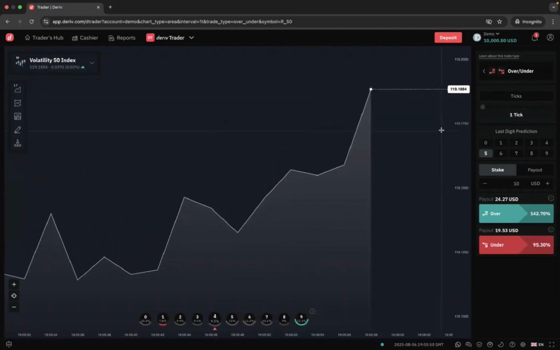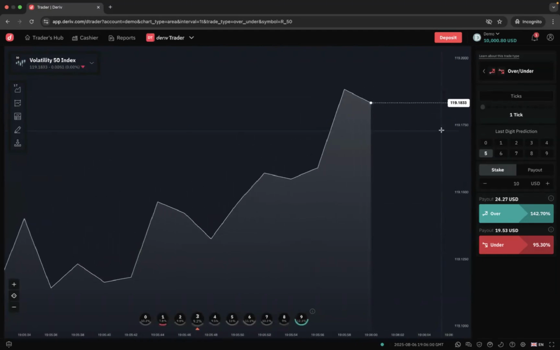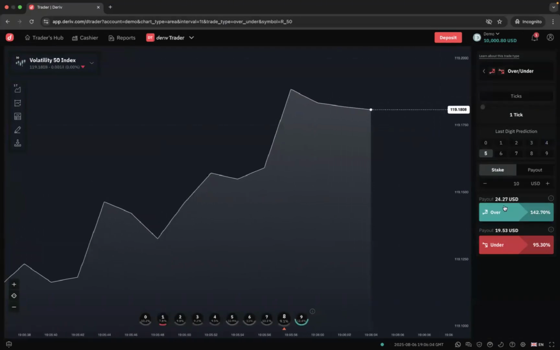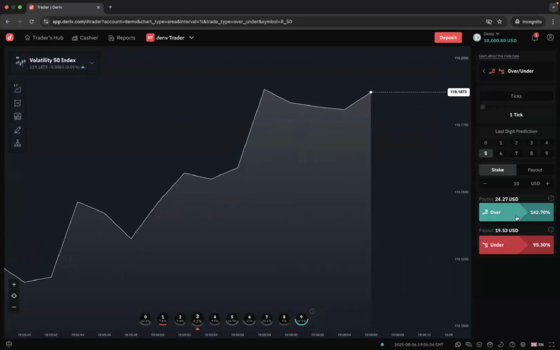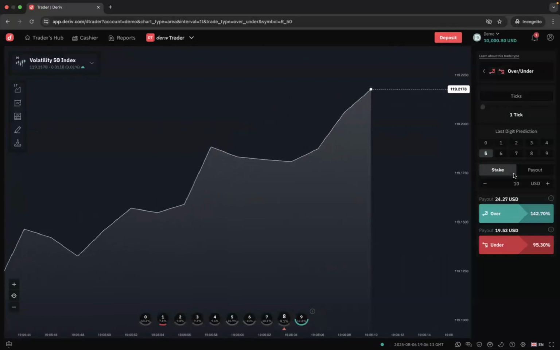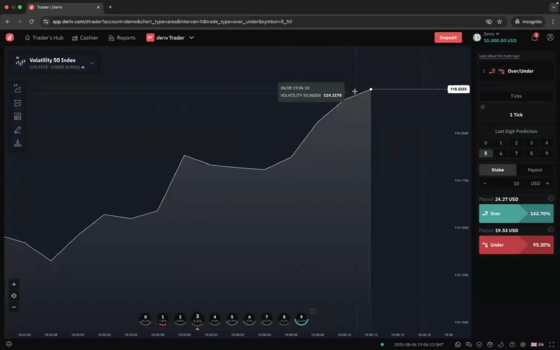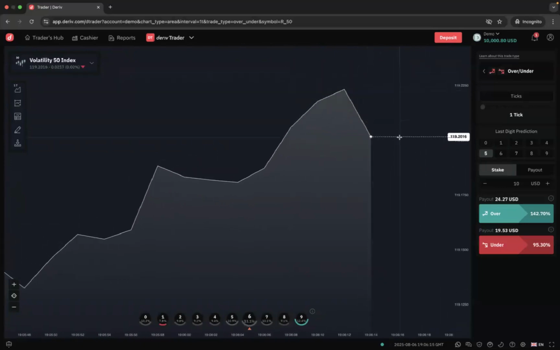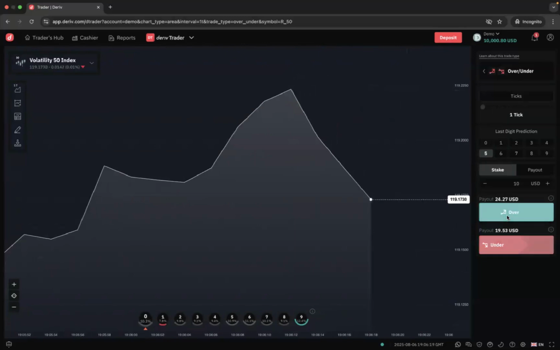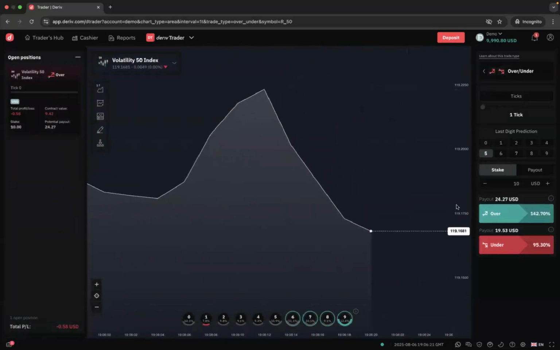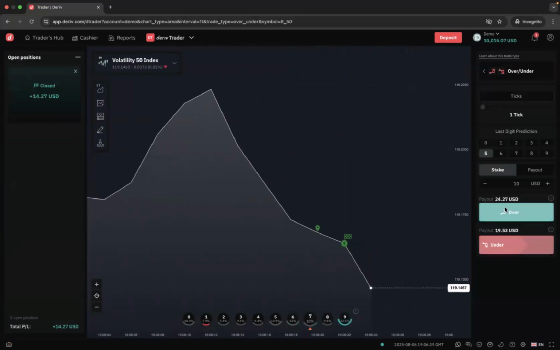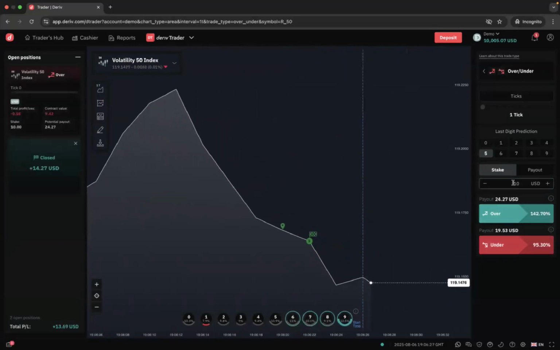You might have it in your head that after five times it lands on a non-winning digit, that's when I'll press the over button and it's going to execute the over trade for me. But even if you manage to keep track of one trade, the moment you execute the trade, for instance it lost, in this matter it won, but we're going to assume that this trade technically lost.